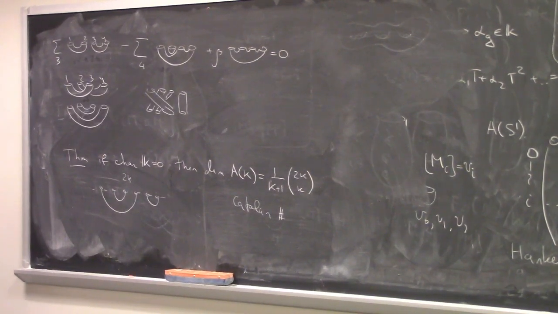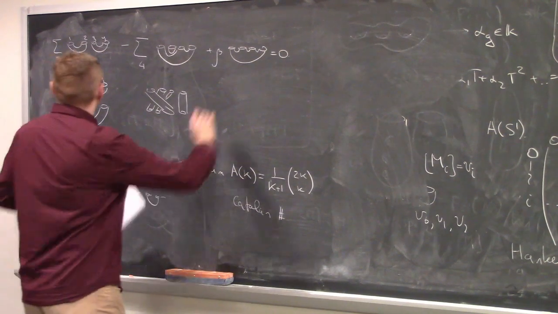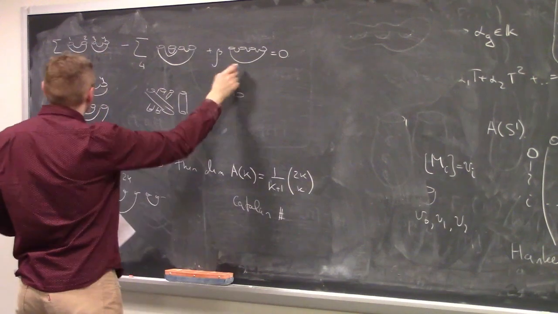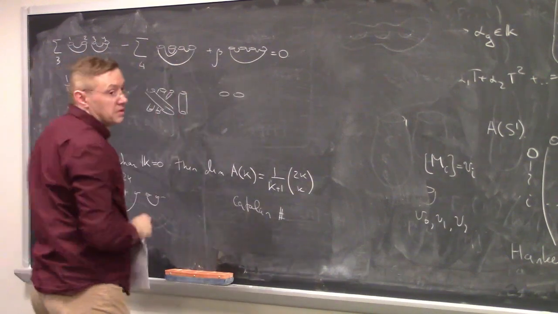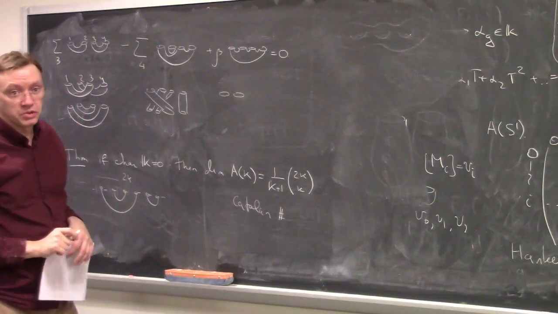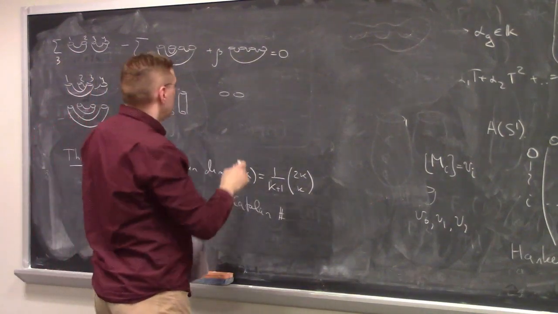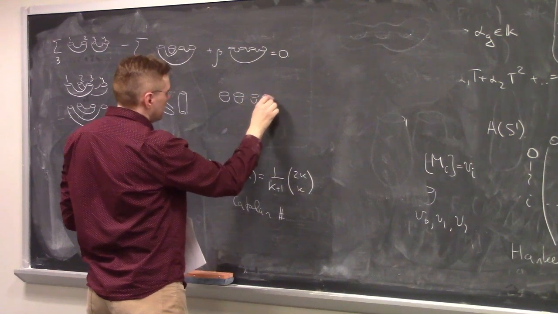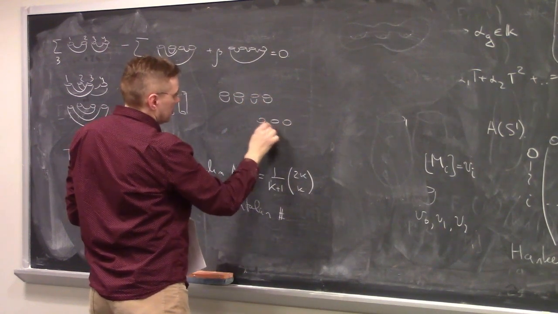What about when you have 4 circles and 2 of them are connected and 2 of them are just cups? So if you have 4 circles, there are 8 possibilities for genus 0 cobordisms that bound 4 circles, and I think there are 7 other diagrams, like this diagram or this diagram.